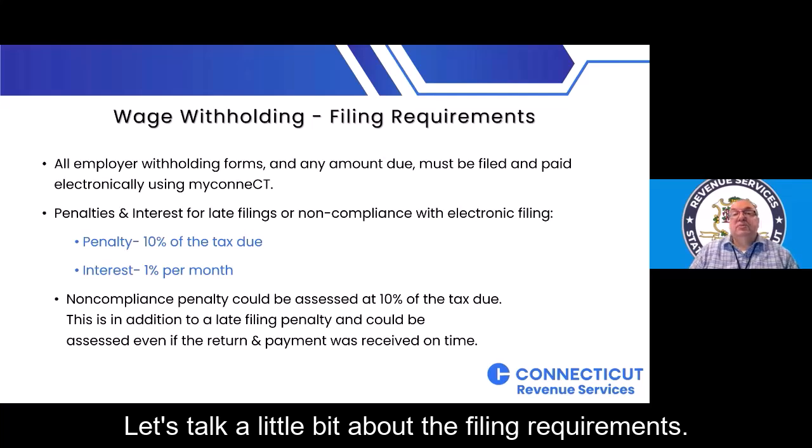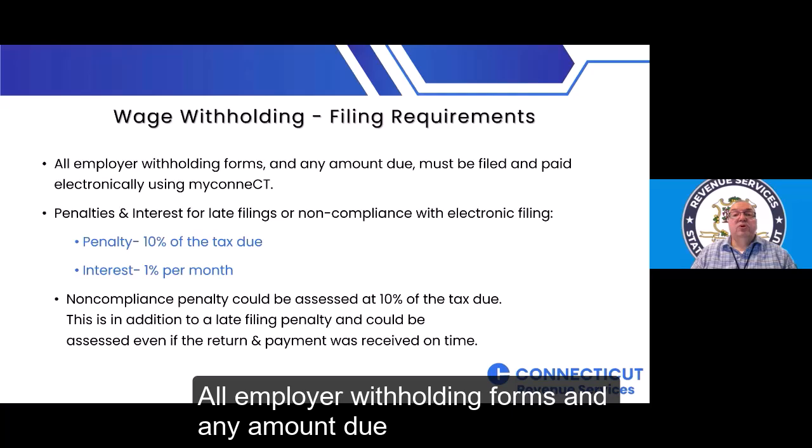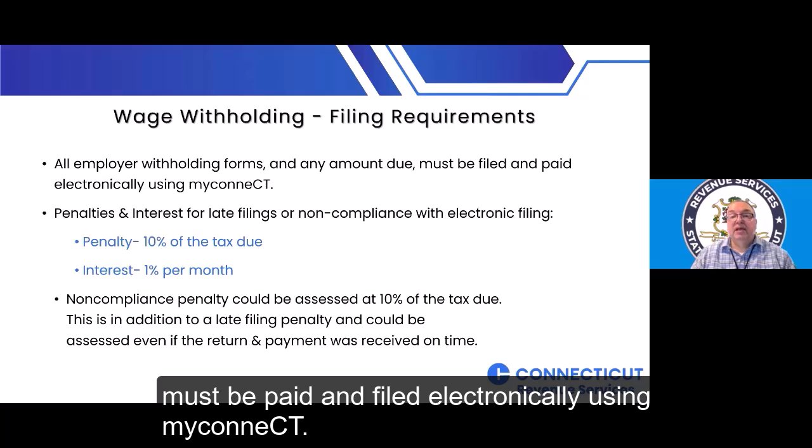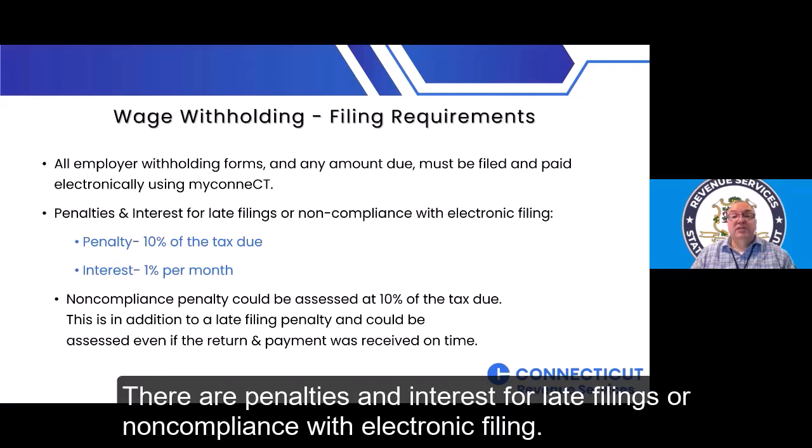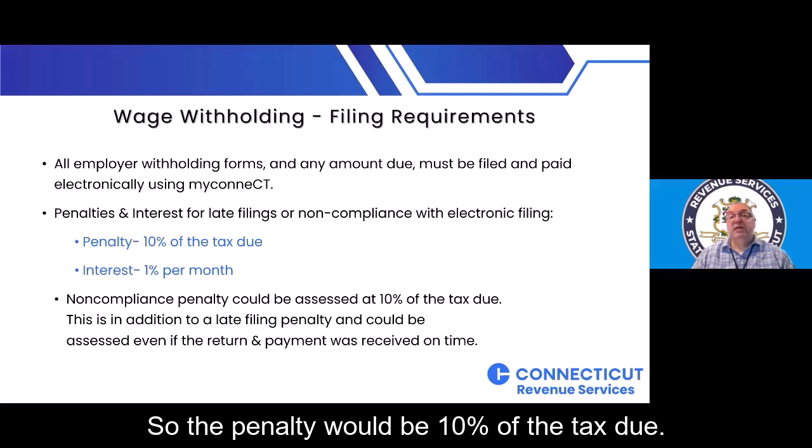Okay, let's talk a little bit about the filing requirements. All employer withholding forms and any amount due must be paid and filed electronically using MyConnect. There are penalties and interest for late filings or non-compliance with electronic filing. The penalty would be 10% of the tax due.